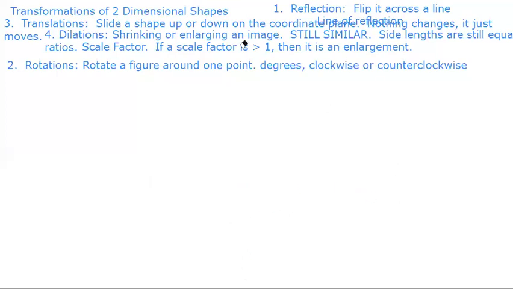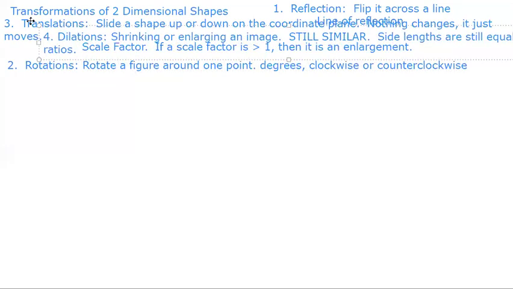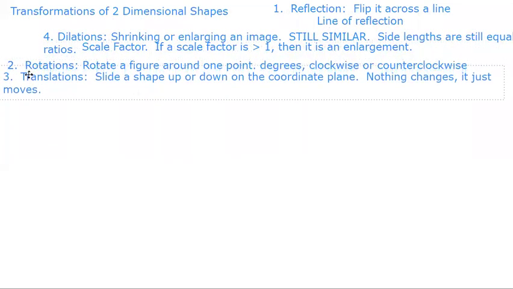All right, so a translation is when you slide a shape up or down on the coordinate plane. They're the easiest one, and you can figure out the rules for these, and you're going to have questions that ask you to do that.